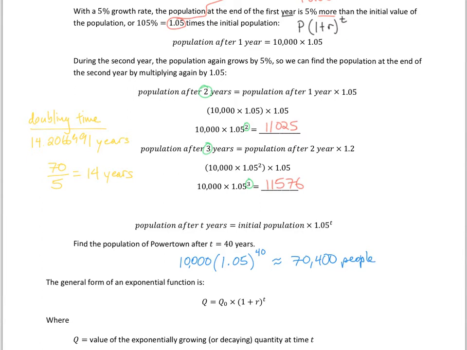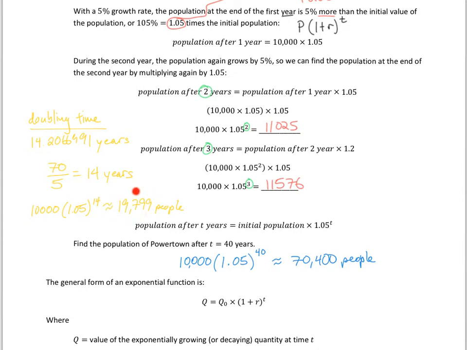So this doubling time approximation of 70 divided by the percent is still pretty good. So if I do 10,000 times 1.05 to the 14th power, that is about 19,799 people. And that makes sense because I didn't go the full 14.2066991 years in my exponent.